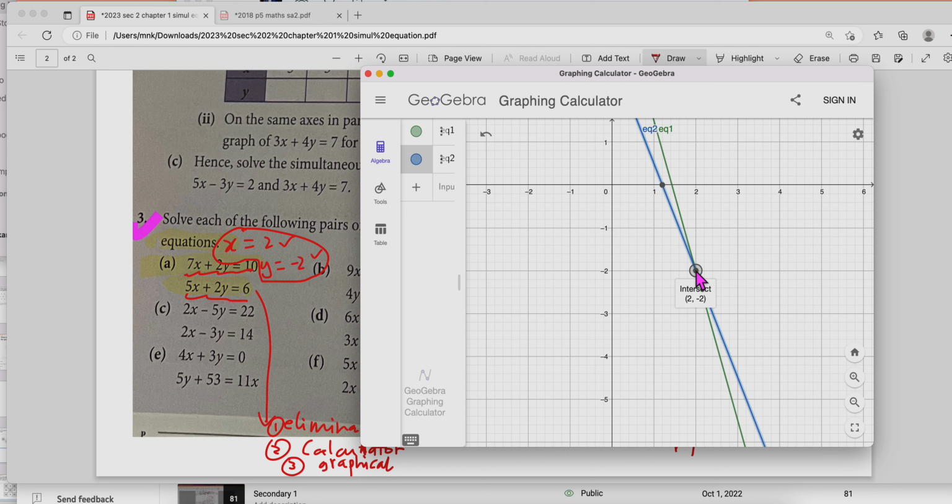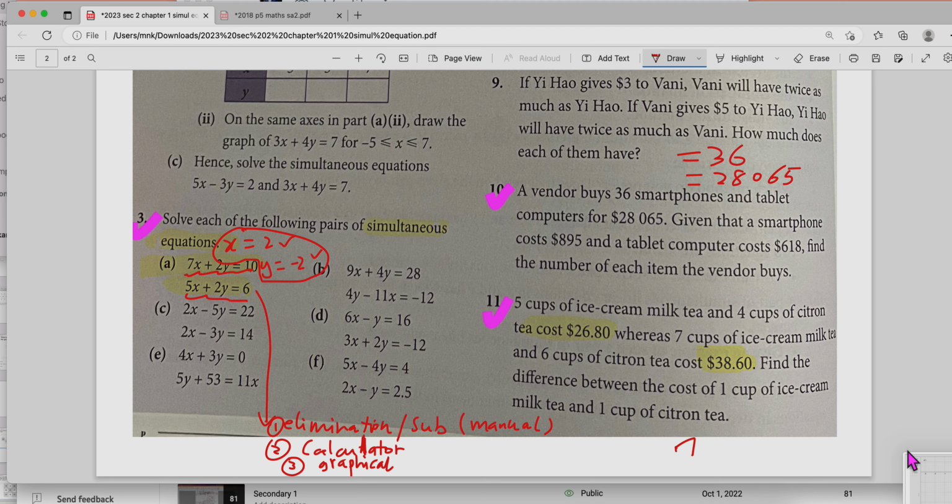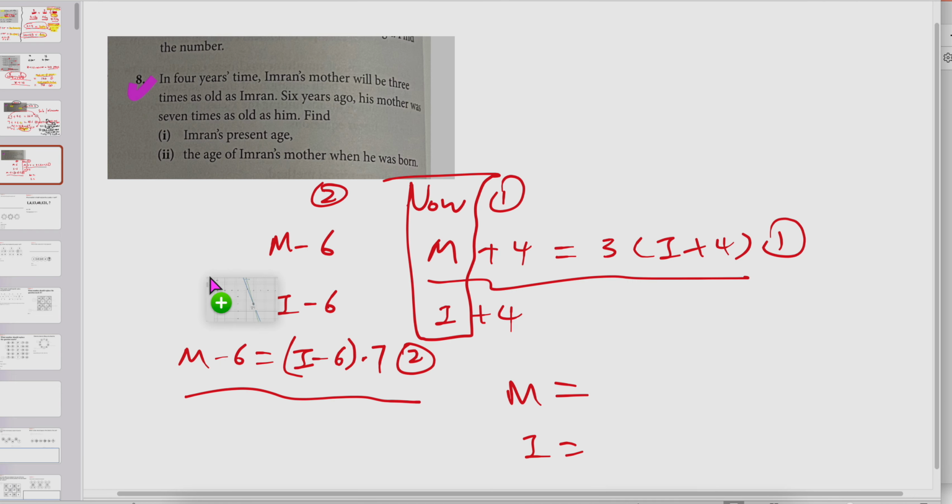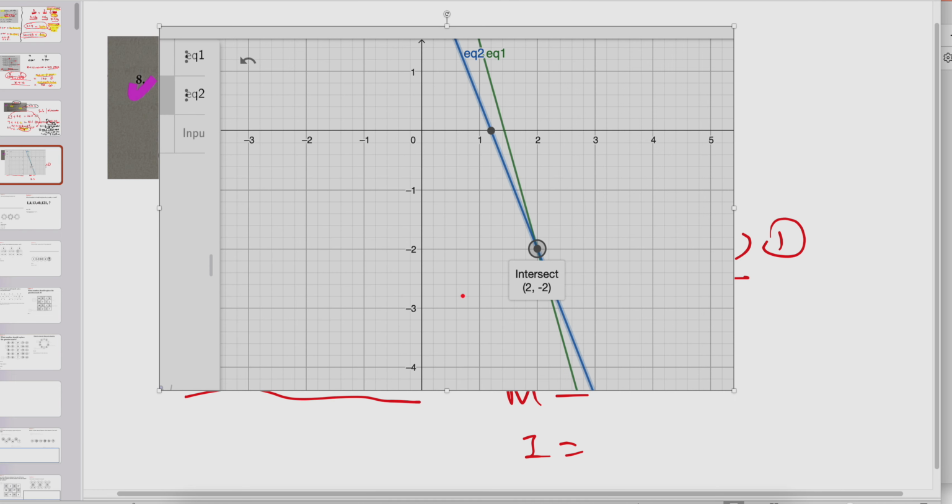Yeah, correct. So, let me get this out. By using equation 1 and equation 2, they have an intersection point.